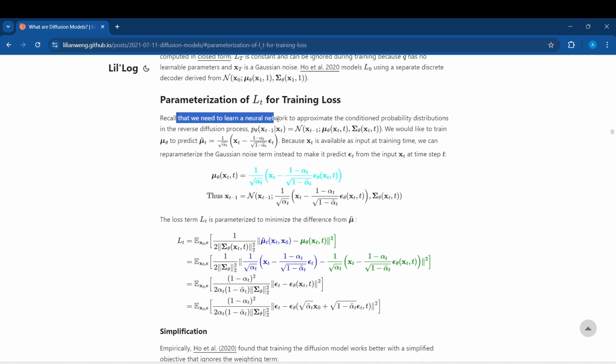So recall that we need to learn a neural network to approximate the conditional probability distribution in the reverse diffusion process. We want to learn this distribution, which gives us x_{t-1} from this mean and this variance.